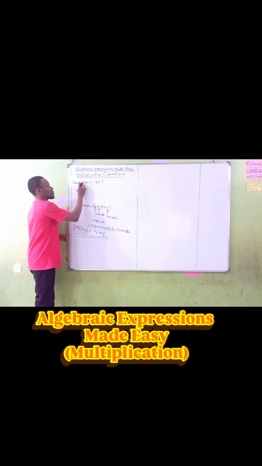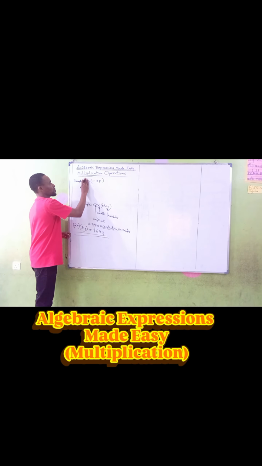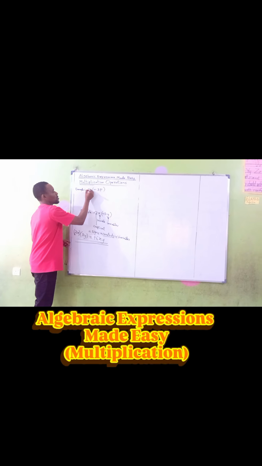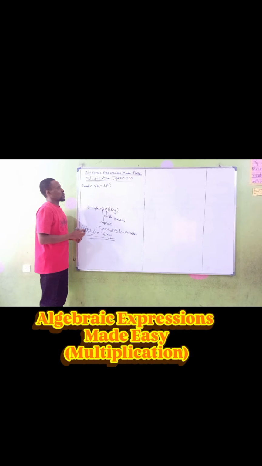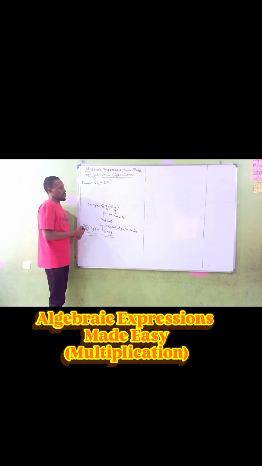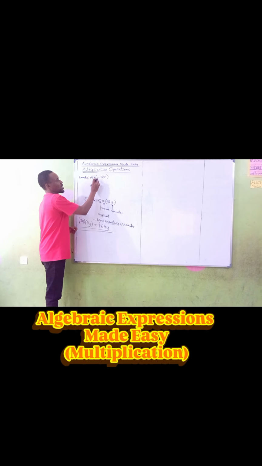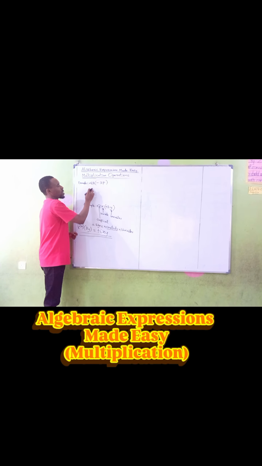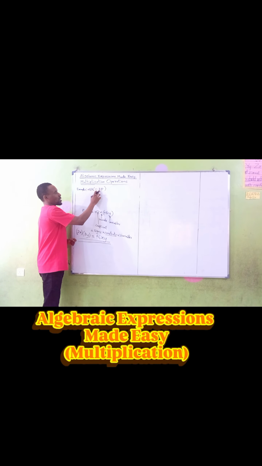Now again, ask yourself, what are the signs involved? Here we have plus before this 8. Here we have minus before this 3. What are the variables? k and p. What are the numbers? 8 and 3.